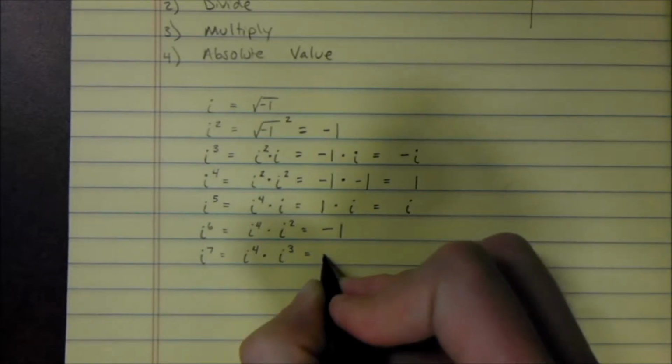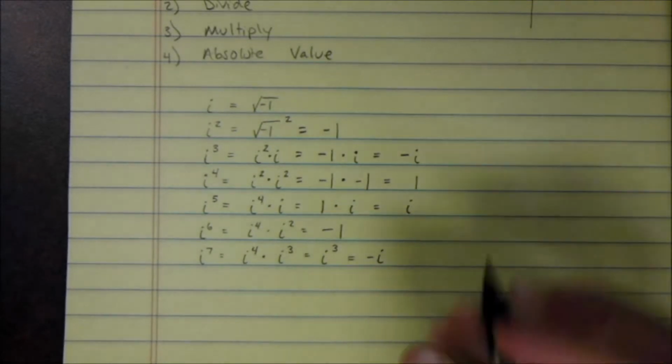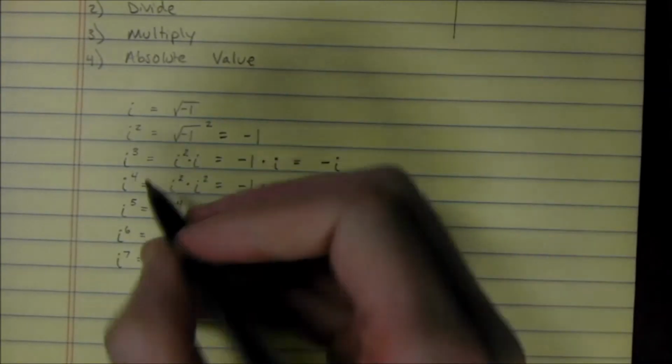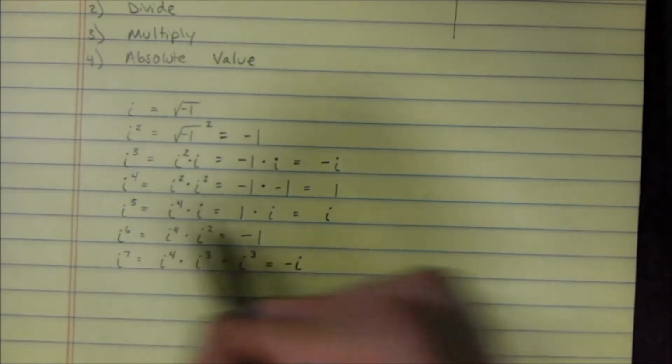Again, if this is 1, that's just i to the 3rd, which again is negative i. And this pattern tends to repeat. So based on the power, if 4 goes into it, and then you look at the remainder, you can figure out which one it is.